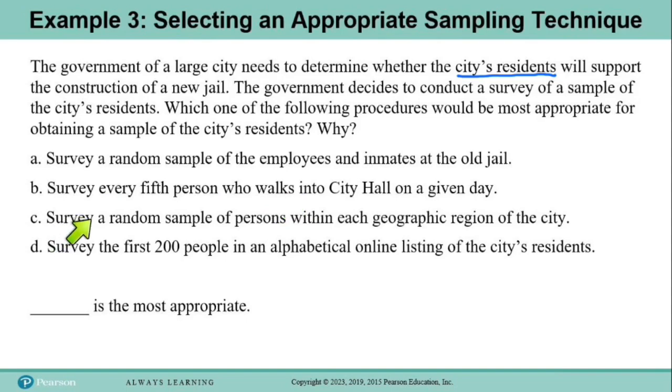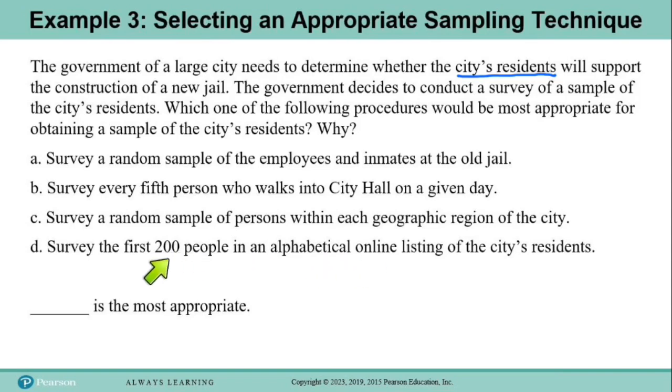Choice C. Survey a random sample of people within each geographic region of the city. Now, I do like this idea because we're going to get a random sample of people from all different parts of the city. So right now I'm leaning toward choice C. And then let's look at choice D. Survey the first 200 people in an alphabetical online listing of the city's residents.